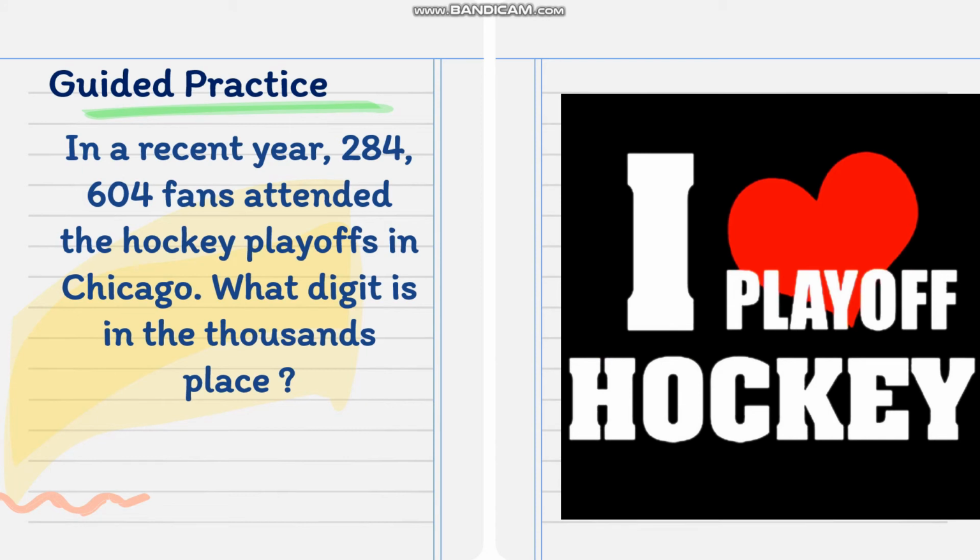In a recent year, 284,604 fans attended the hockey playoffs in Chicago. What digit is in the thousands place? So let's count. Ones, tens, hundred, thousand. So the digit is 4. So the answer is 4.